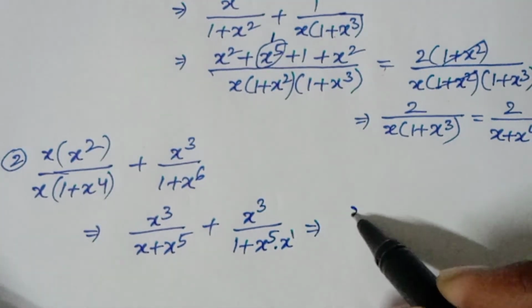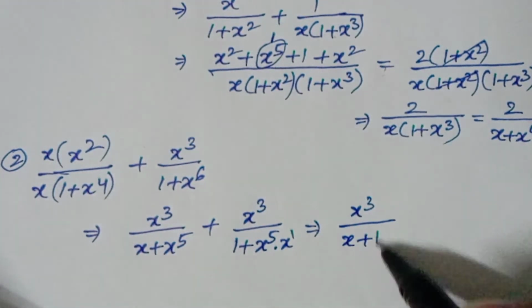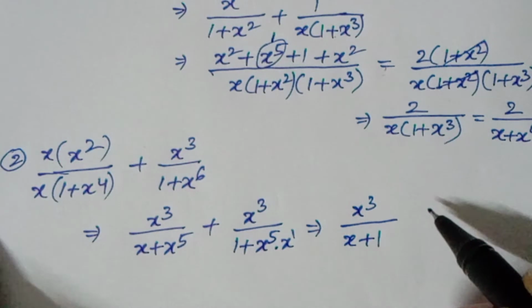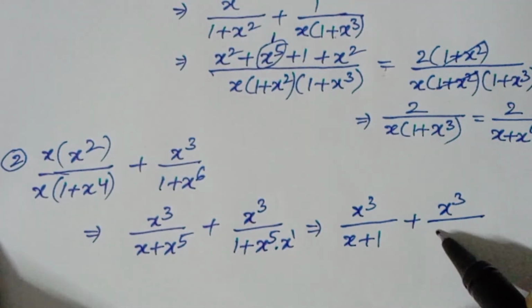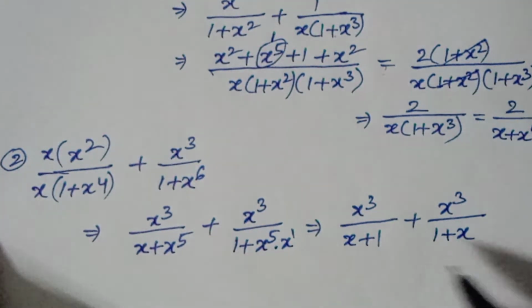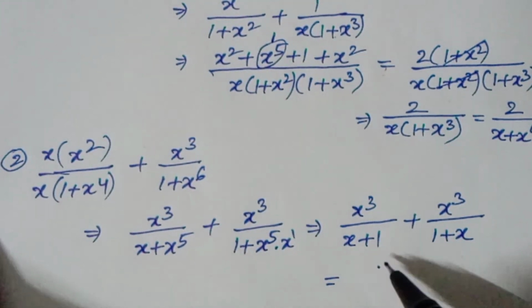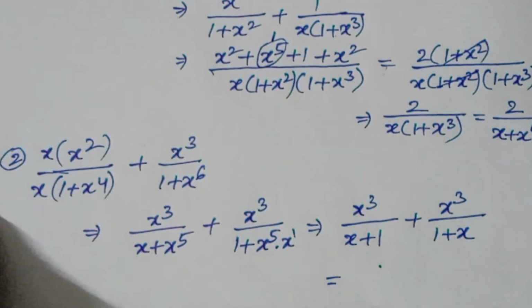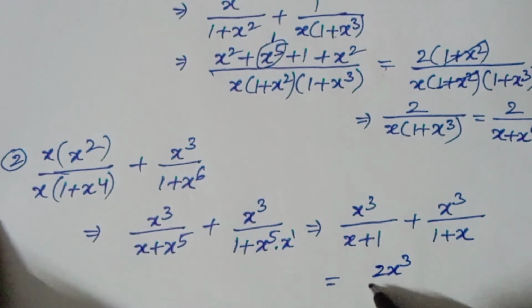So it will become now x cube by x plus 1, plus x cube by 1 plus x. Both the denominators are the same. You can write it as 2x cube by 1 plus x.